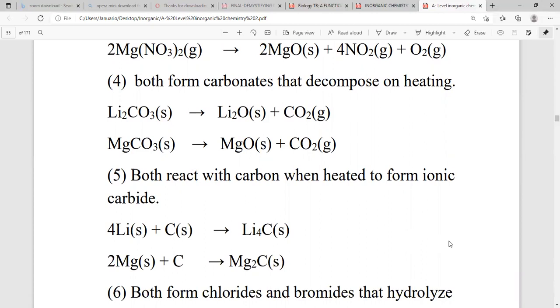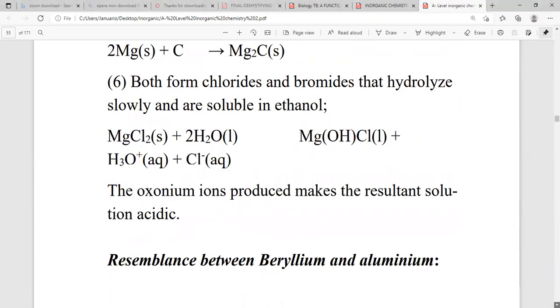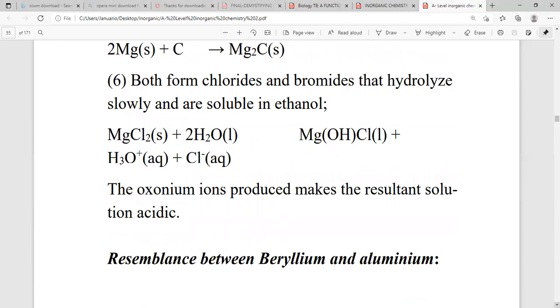That is, you heat lithium with carbon and you form lithium carbide and magnesium dicarbide, magnesium carbide. Both form chlorides and bromides that hydrolyze slowly and are soluble in ethanol.